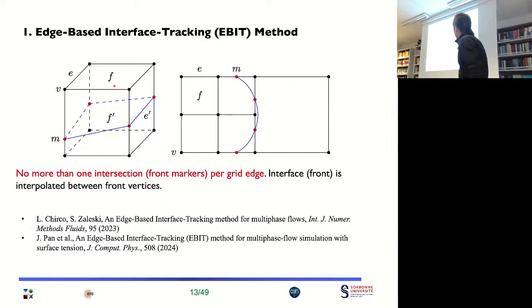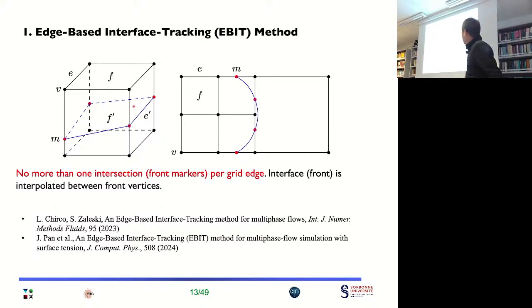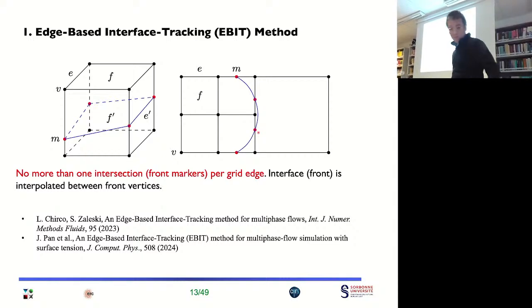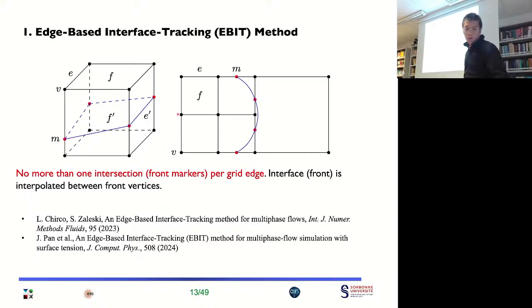So the EBIT method is actually a front tracking method, but the markers are only located on the cell edge. And in the current version of the EBIT method, we also have some restrictions on the number of markers per cell edge. Since the markers are only limited to the cell edge, a reconstruction step is performed at the end of the interface advection to recompute the position of the markers on the cell edge.